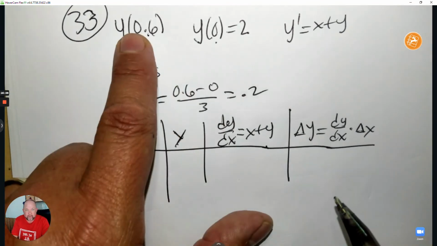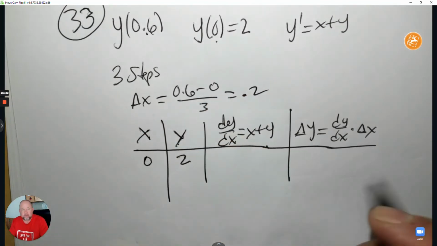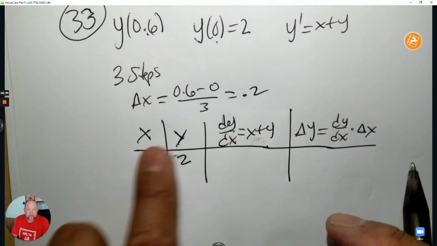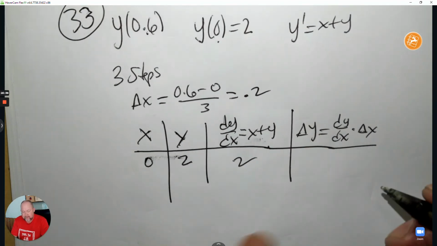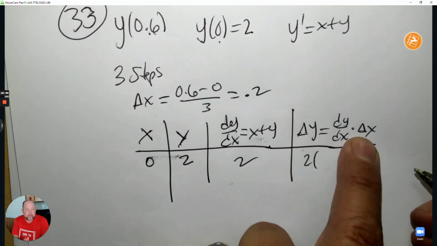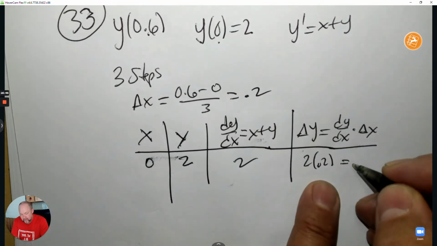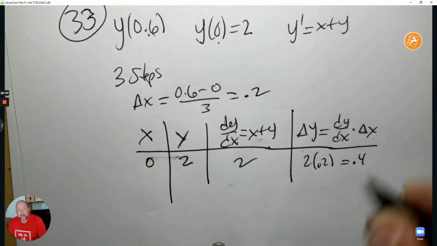And my goal is to get to 0.6. So I start here. It's 0 and 2. The derivative is you add them together. And then to find the change in y, we take the derivative times the change in x, which is 0.2. 2 times 0.2 is 0.4. And then I keep going.